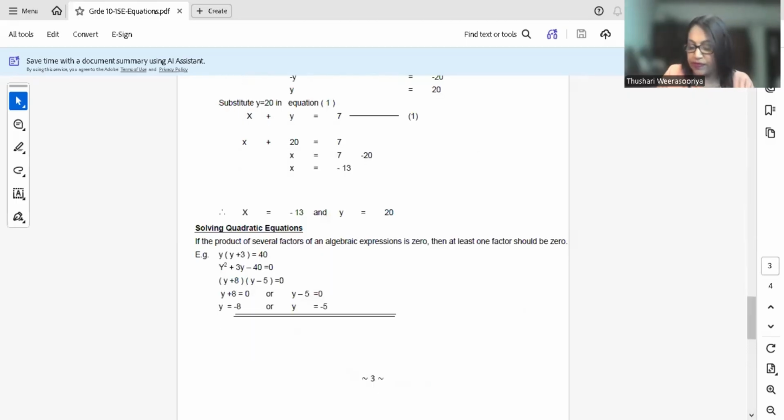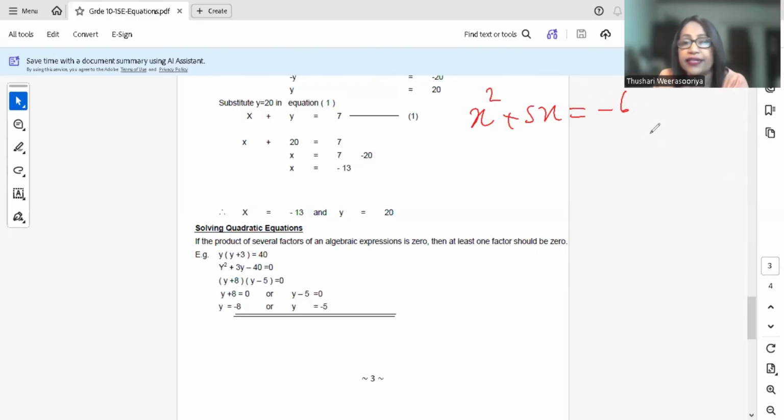I'll take an example. Right. x squared plus 5x equals minus 6. Right? This is a quadratic equation.